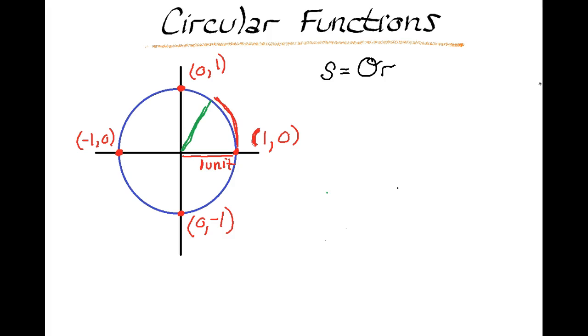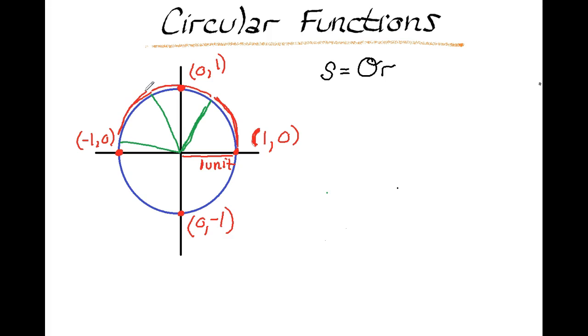If we did 2 radians, we added another radius here, so our arc length would be 2 radians times our radius. If we marked out a third one, we were over here slightly, and our arc length would be 3 radians times our radius.